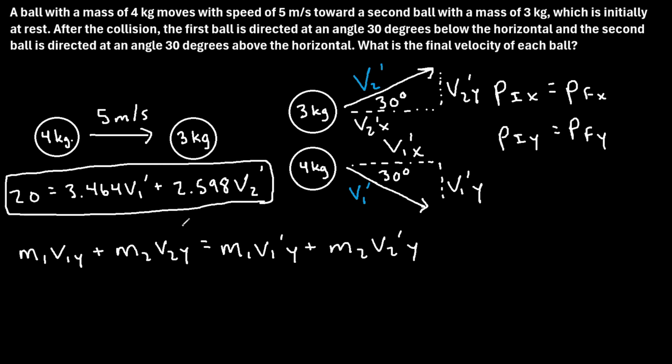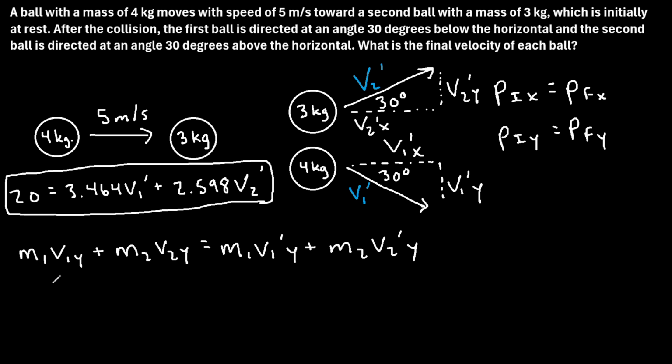Now, what we're going to notice in this problem is that there is no initial velocity in the y direction for the first ball because it is moving horizontally, so it only has a velocity in the x direction. So this value is actually 0. Similarly, the velocity in the y direction of the second ball is also 0 because it's at rest. So this whole left-hand side is equal to 0.